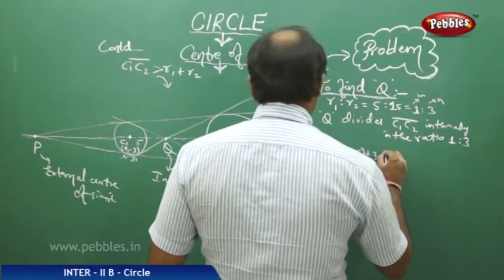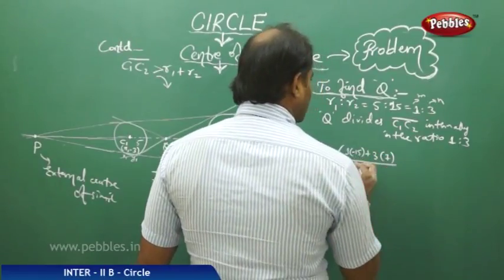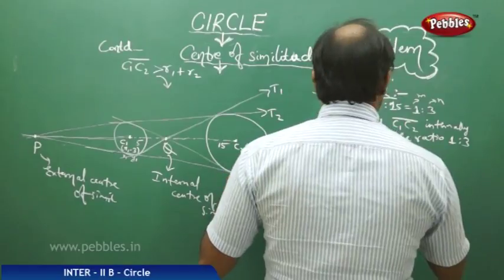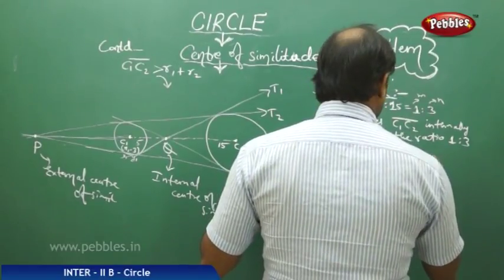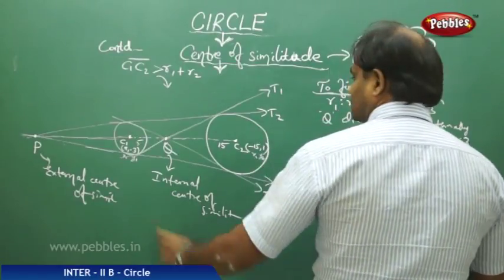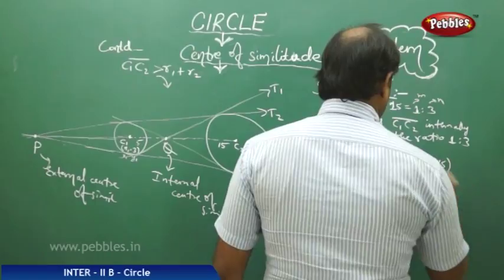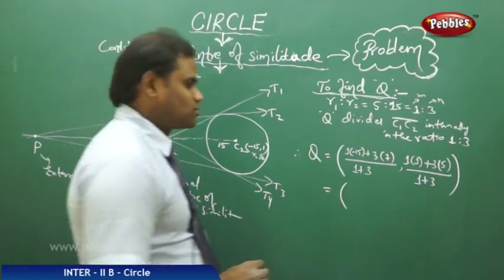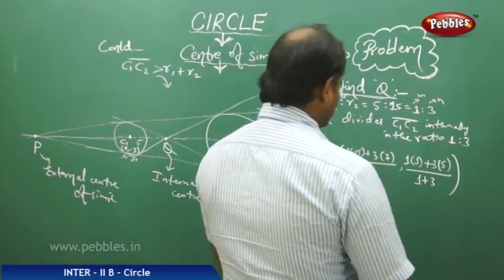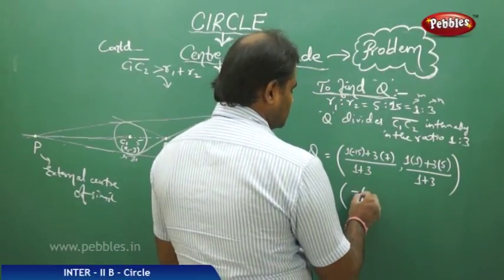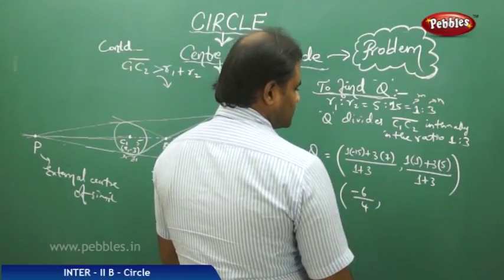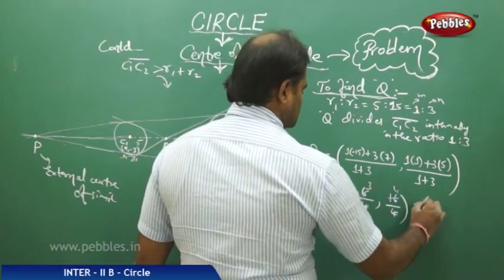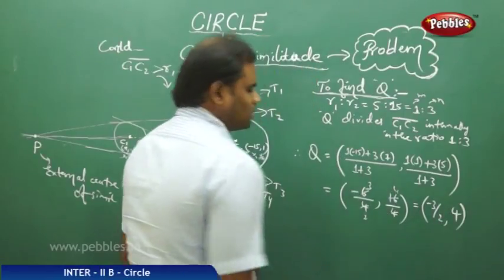Then (my2 plus ny1) by (m plus n), which on simplification gives minus 15 plus 21 by 4, and 5 times 3 is 15 plus 1, 16 by 4, which gives minus 3 by 2, 4.